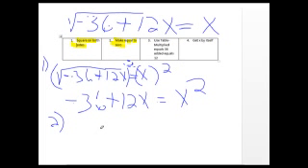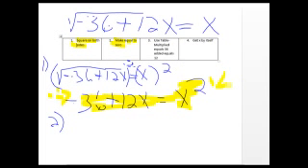This is your problem: negative 36 plus 12x equals x to the second. To make it equal to 0, we need to get everything on one side. So we're going to move this over here.